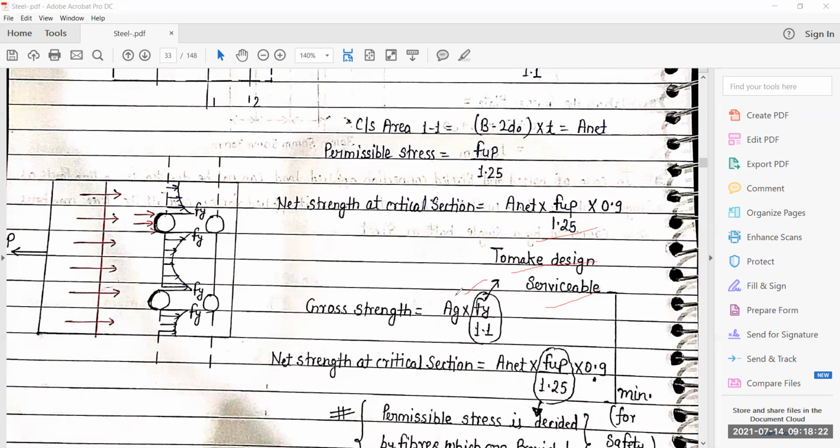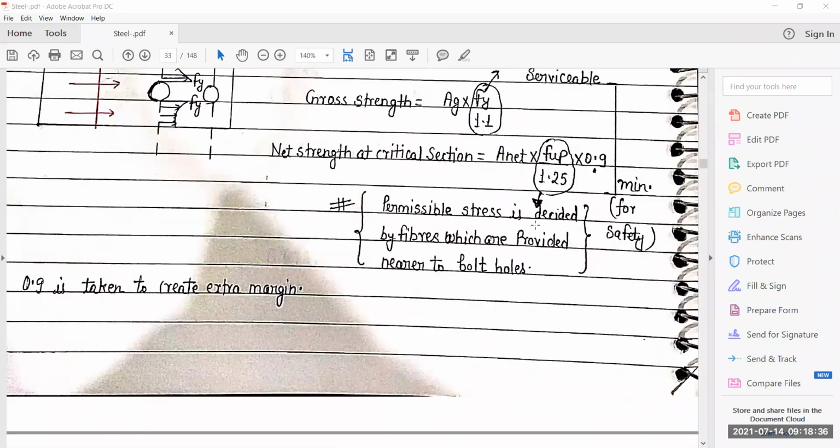The gross strength is Ag into Fy upon 1.1. Next is the critical section in net, Fu upon 1.25 into 0.9. Get the value. Then the permissible stress is decided by the fibers provided nearest to the bolts. This is a safety code; 0.9 is taken to create an extra margin.